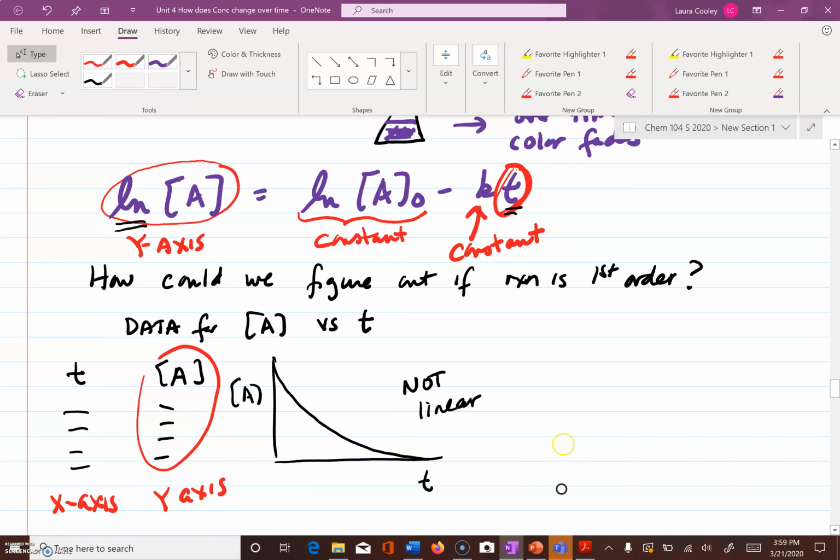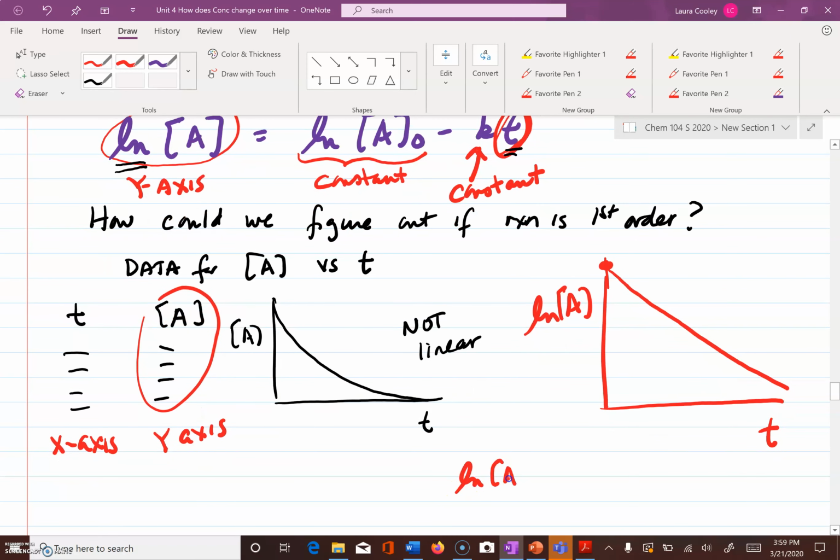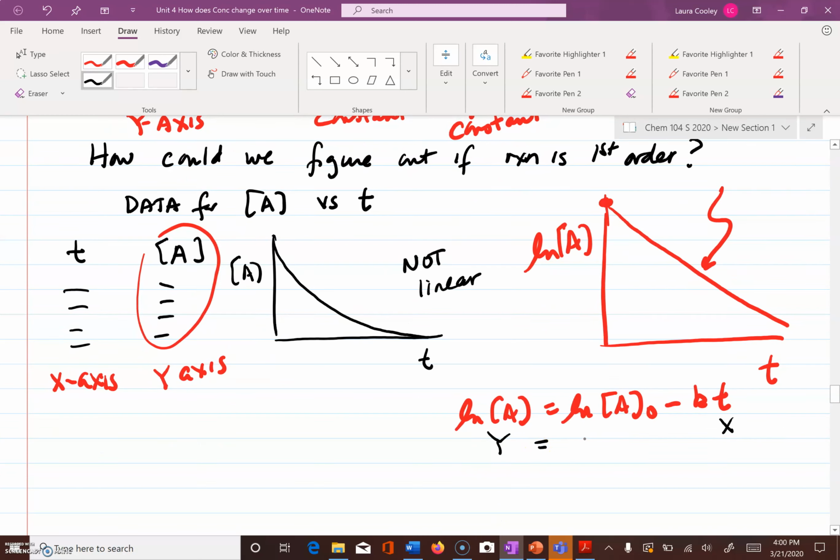And also, of course, the rate constant is a constant as long as we don't change the temperature. So if we graphed the log of A versus t, we would see a line. And the line would look like that. From this equation, you could see the log of A is the log of A0 minus kt. If this is what's plotted on the x-axis, and this is what's plotted on the y-axis, then the slope is minus k, because remember we have y equals b plus mx.